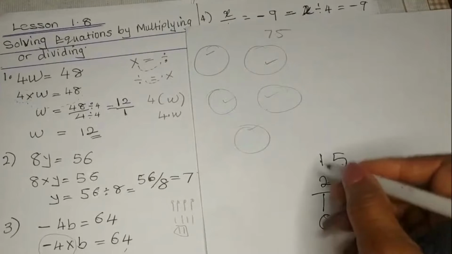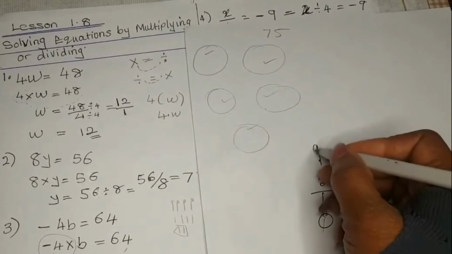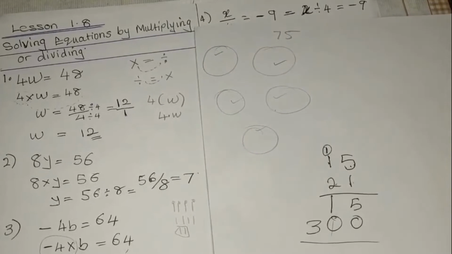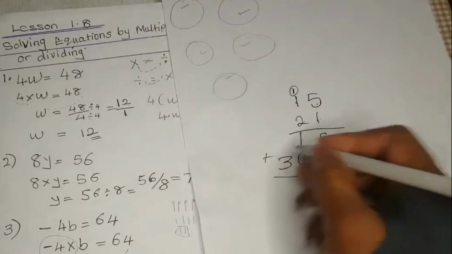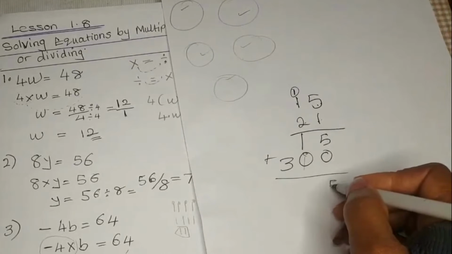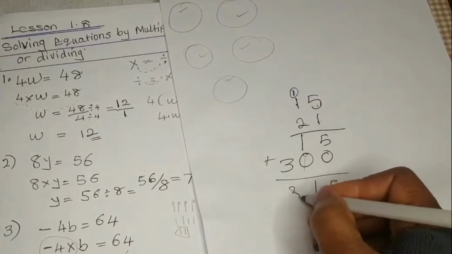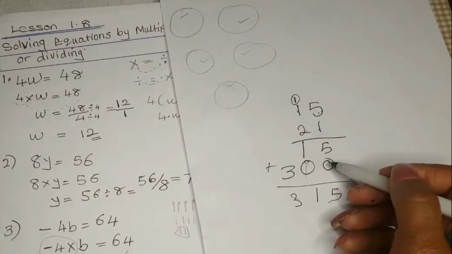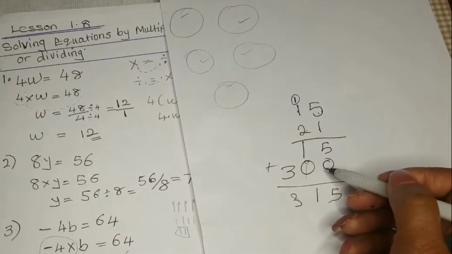Like this. 2 times 1, 2, plus 1, 3. You add them together. 5 plus 0 is 5, 1 plus 0 is 1, so the answer is 3, 1, 5. Where I got this 0 is that if there is nothing at the back, it automatically means 0.